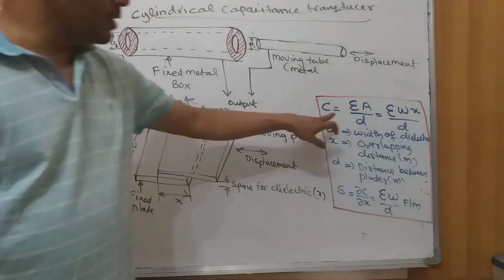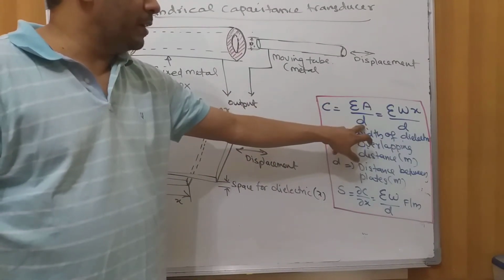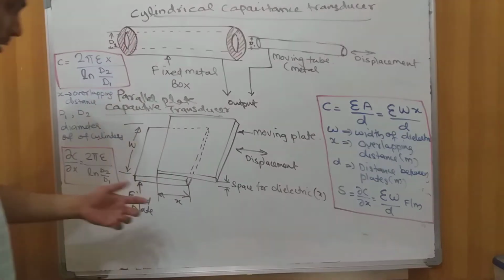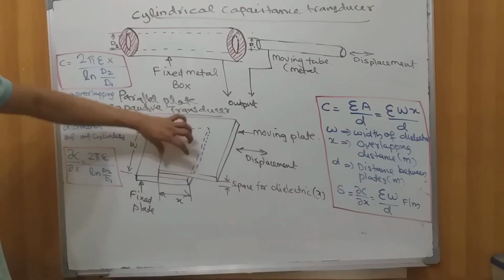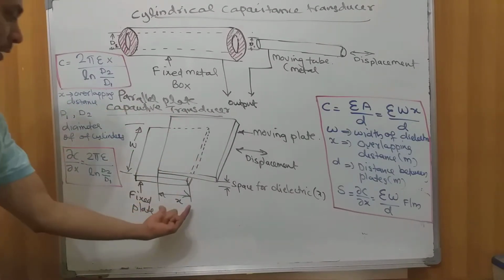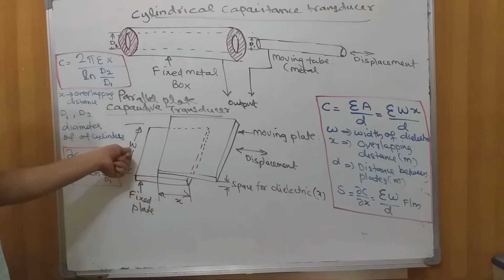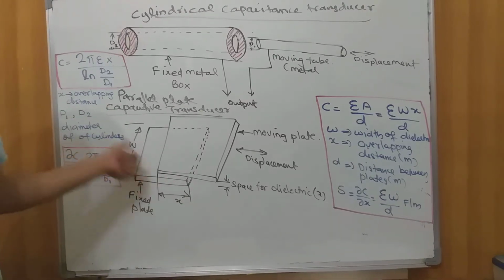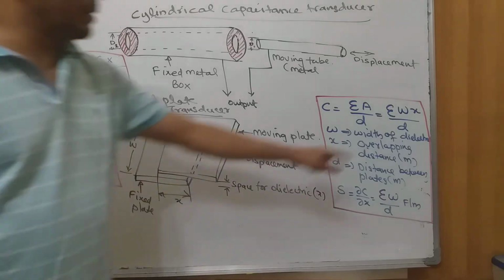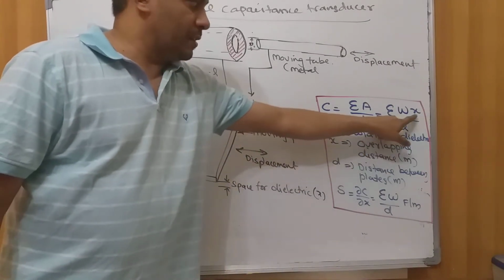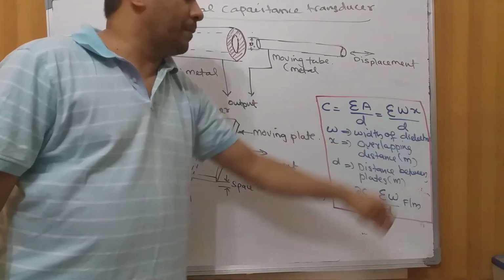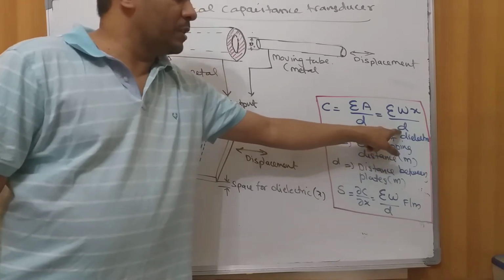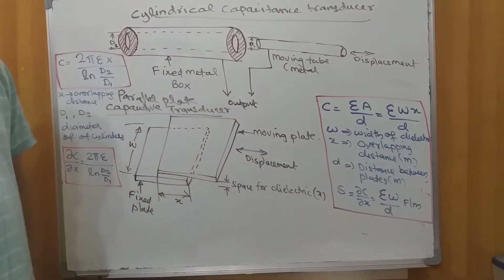Again, from the relation C is equal to epsilon A divided by D, what is important is the overlapping area. The overlapping area is W multiplied by X, where W is the width and X is the distance of overlapping. Here we are using D for the distance of separation.